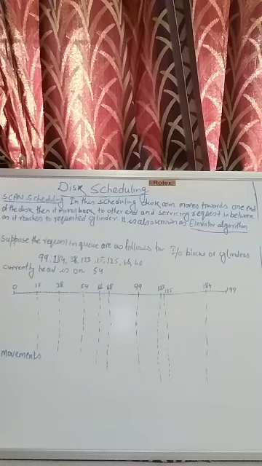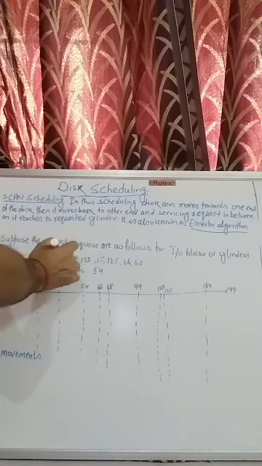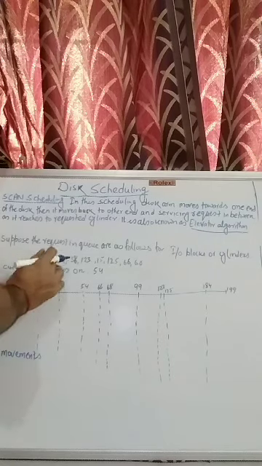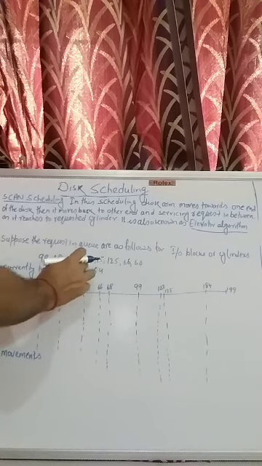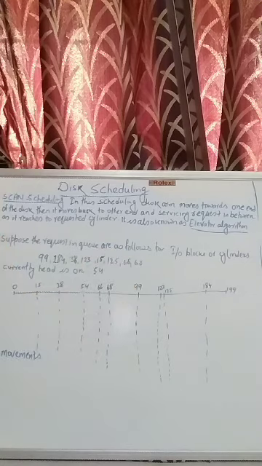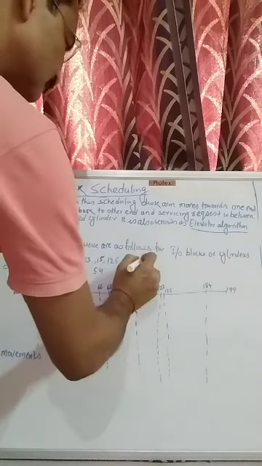Now, I am taking one example to discuss the concept of this scan scheduling. Suppose there are several requests in the queue from different processes for cylinders or disk access: 99, 184, 38, 123, 15, 125, 66, 68.